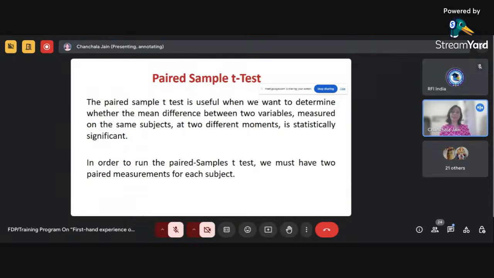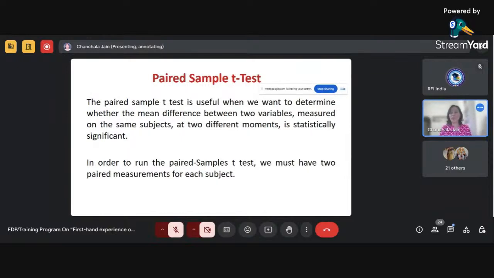After a certain period of time, say 1 month or maybe 90 days, we will again take their BP measurements. That way we will have the previous BP measurement for a particular person, and after the tablet also. So that way there will be a proper pairing.